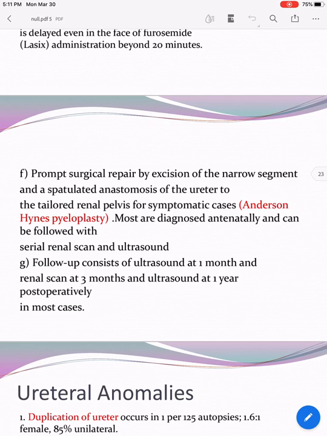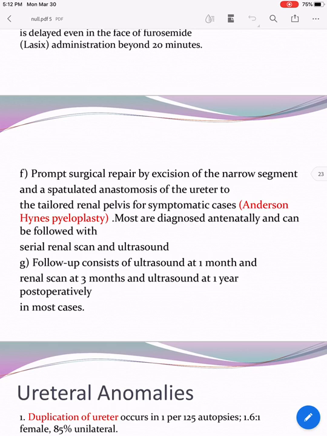We must have certain criteria for the correction of this area of PUJ. For any successful ureteric surgery, we should have several criteria. First, we should do spatulation. Spatulation means anastomosis with a wider portion.